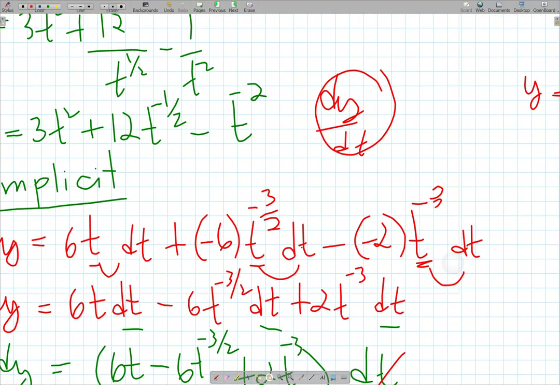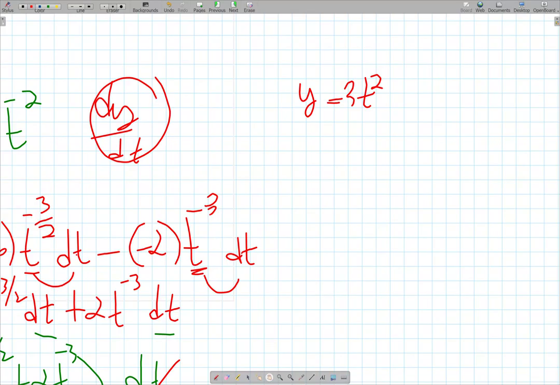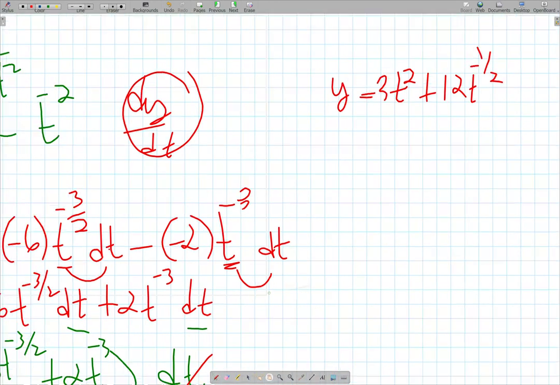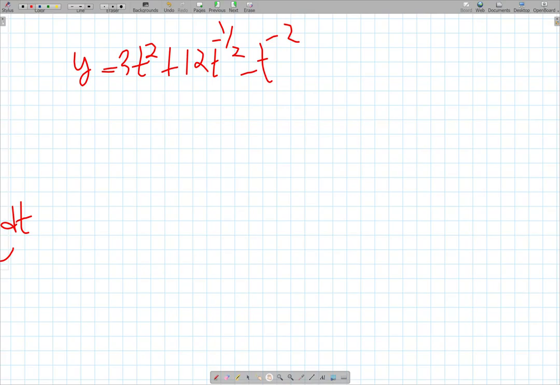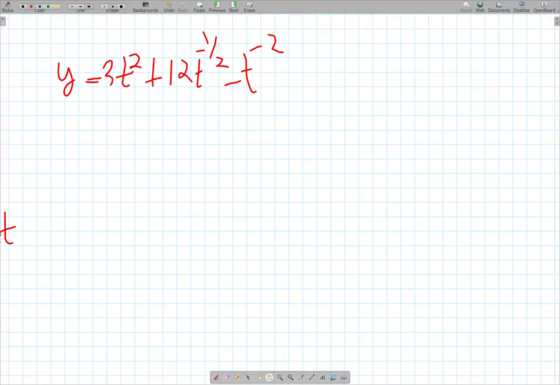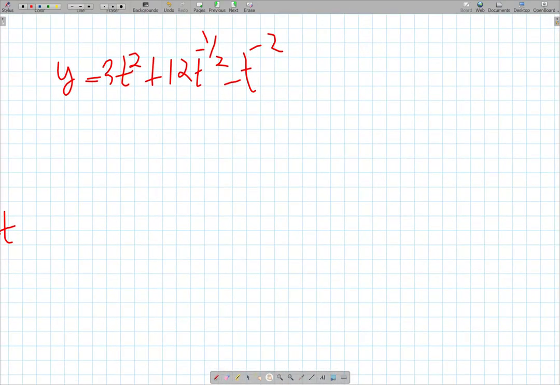Okay, plus 12t negative 1 half and then minus t negative 2. Okay, right? So using power rule, no? Gamitan natin ng power rule. Using power rule kasi naka-arrange ang given equation, pwede natin gamitan ng power rule.